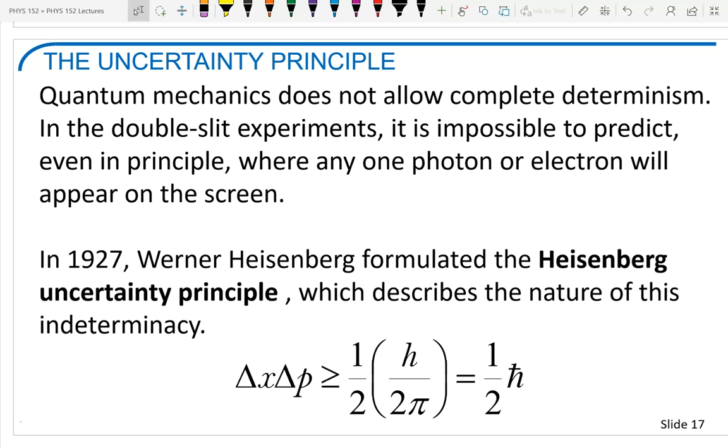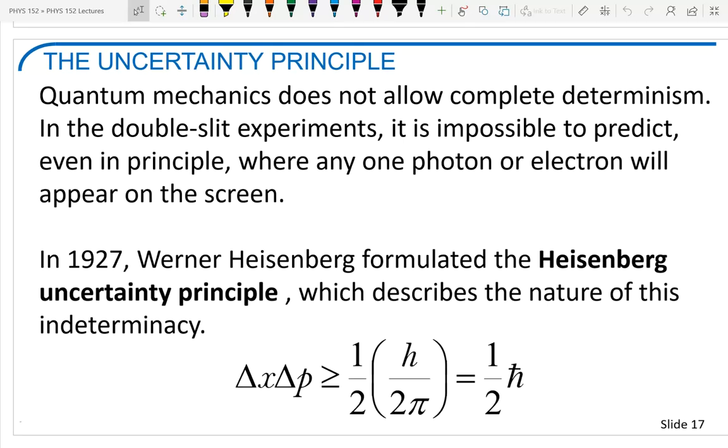And Heisenberg came up with this Heisenberg uncertainty principle that says the uncertainty in the position of an object multiplied by the uncertainty in its momentum is always going to be greater than or equal to 1/2 of Planck's constant divided by 2 pi. Now, in quantum mechanics, Planck's constant divided by 2 pi is ubiquitous. It is everywhere in quantum mechanics. It's the unit for angular momentum, for starters.